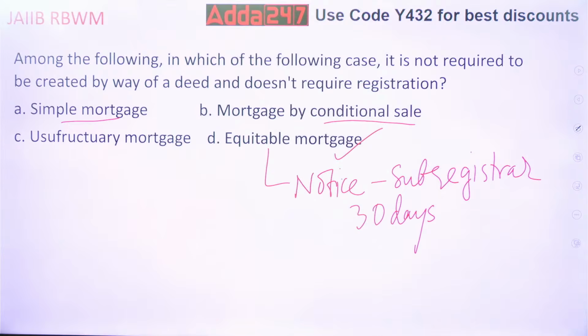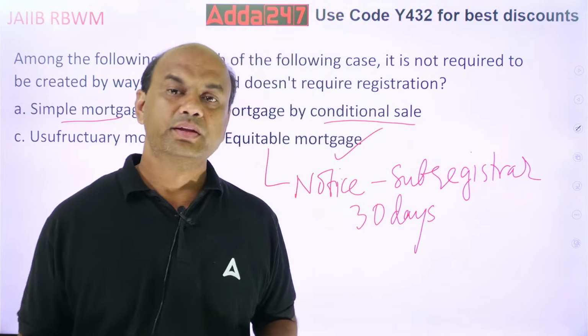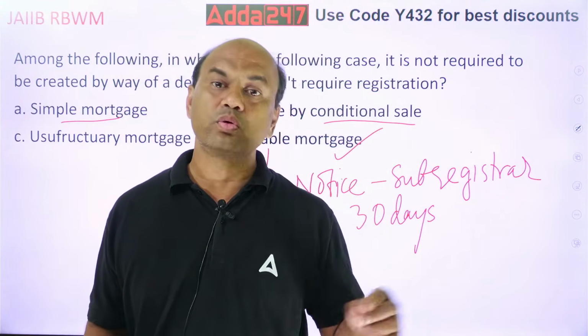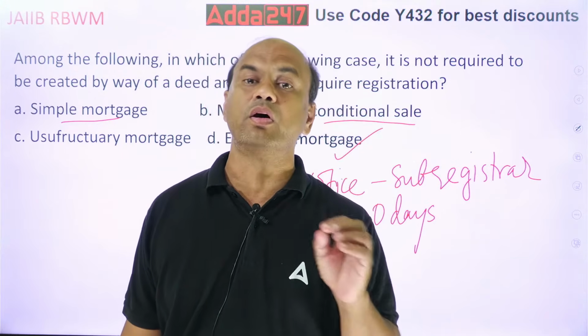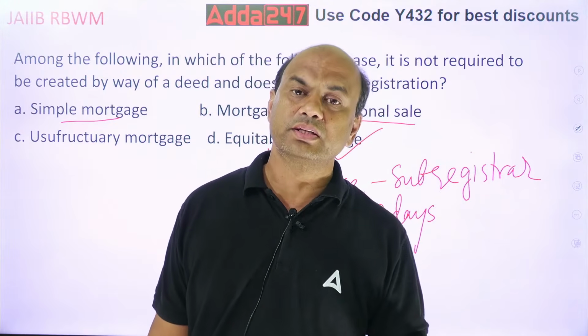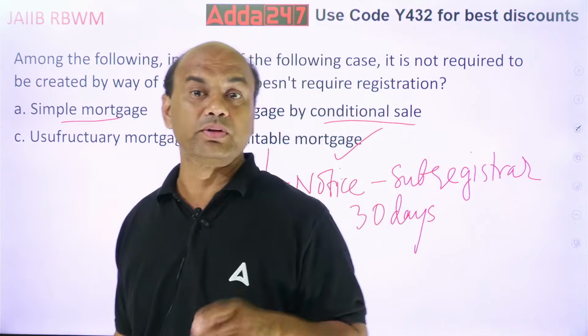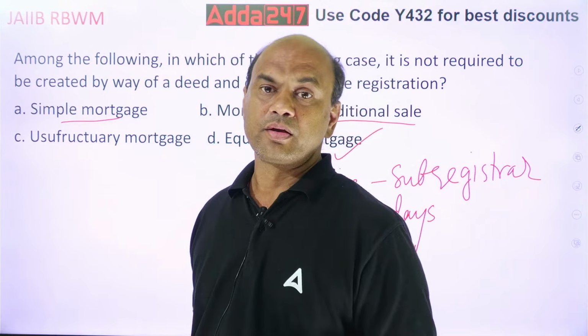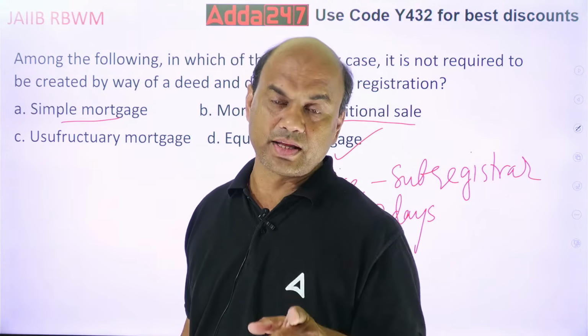Actually, this rule applies in the rest of Bharat. Check in your bank. You might not be following it, but this rule is given for the entire country now: whenever you do an equitable mortgage, give a notice to the sub-registrar within 30 days. There are 2-3 notices which are to be given. One is the sub-registrar, 30 days.